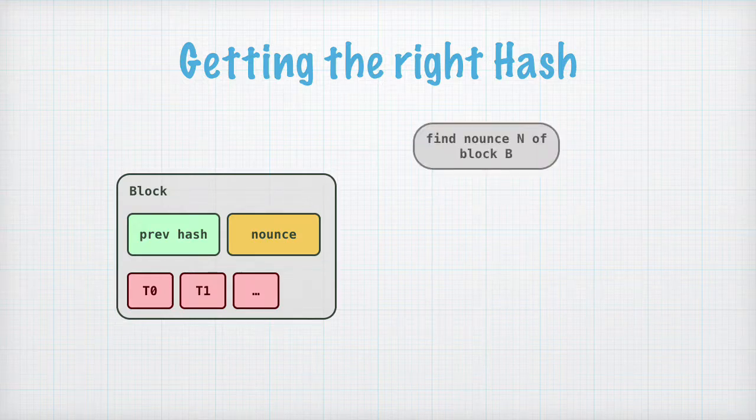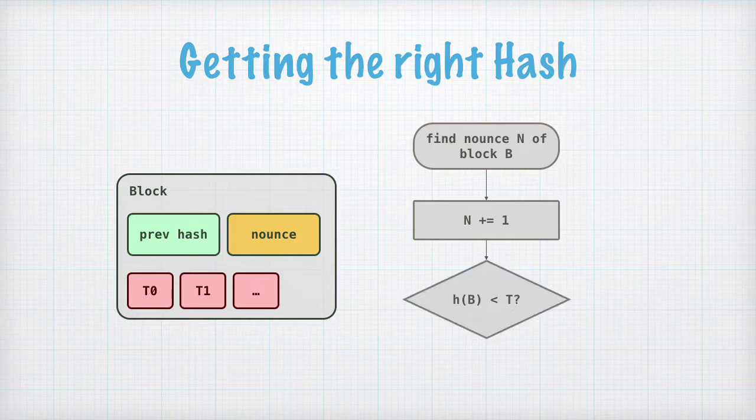Well, first, if we want to find the nonce, say it's a number n for some block B, we start by setting it to 0 and then we increase it by 1. Now we check if we hash the block, is it below some value t? It's not really important to talk about exactly which value. This would probably vary. If it's not, then we increase n by 1.